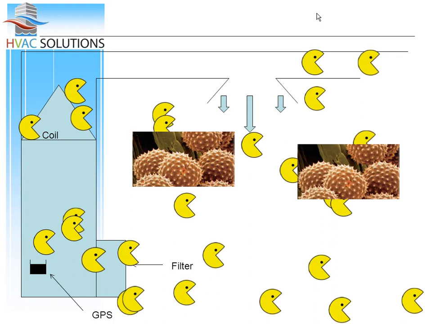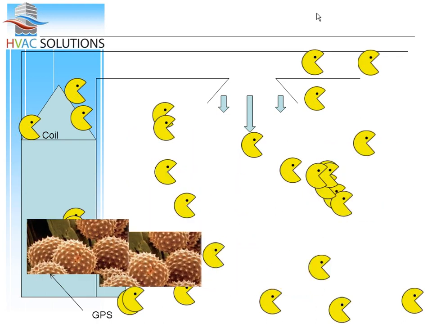They attract because of the positive and negative ions, and then those bigger particulate have no problem getting stuck in the filter. So that's my grade school drawing of the process. Not only are these guys out in the space taking care of VOCs, odors, viruses, and bacteria, but they're also helping capture more particulate.